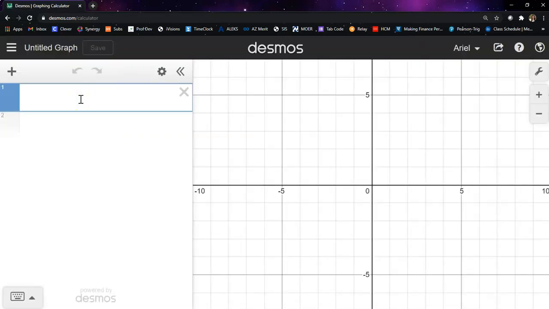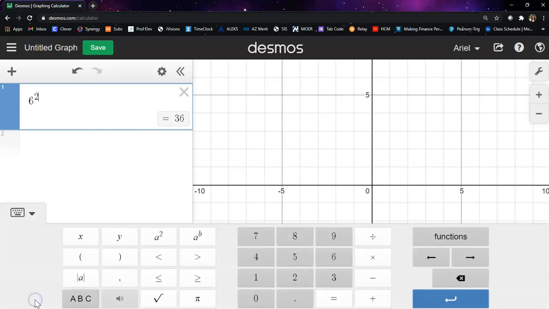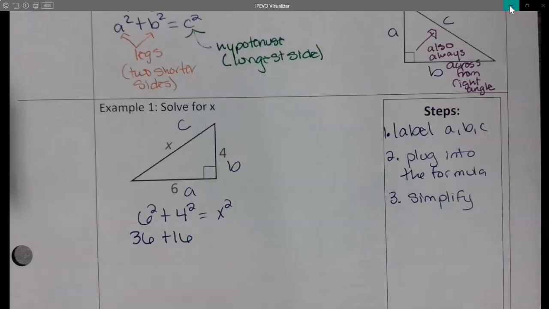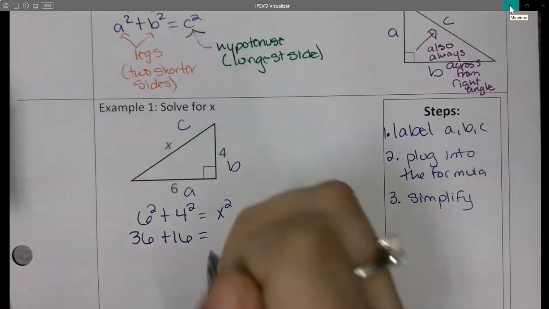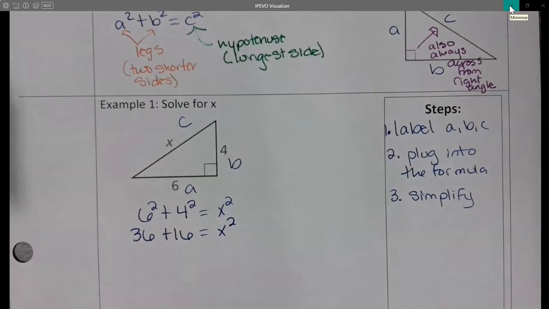So what did I do? I did 6 squared. I would type in 6, shift 6 to get the exponent, and then a 2, and it would give me 36. Also, this keyboard down here, I could just hit the a squared button. So there is that. And then it still equals x squared.